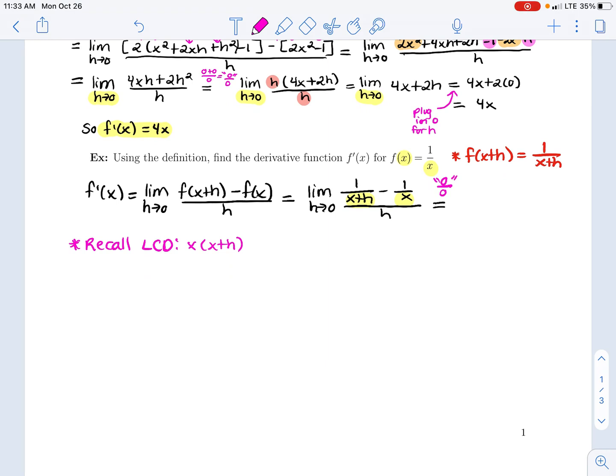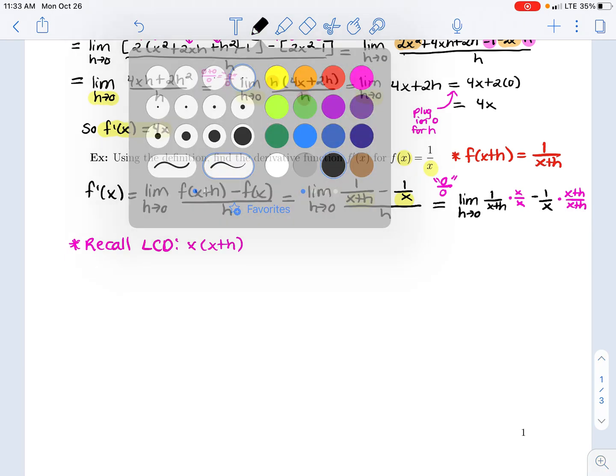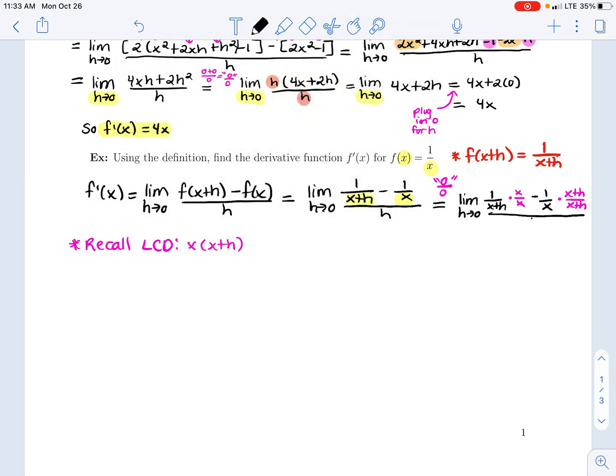I'm missing an x plus h, so I need to multiply top and bottom by x plus h. So here I get that this is equal to the limit as h approaches 0 of 1 over x plus h times x over x, minus 1 over x, and then times x plus h over x plus h, and then divided by h.